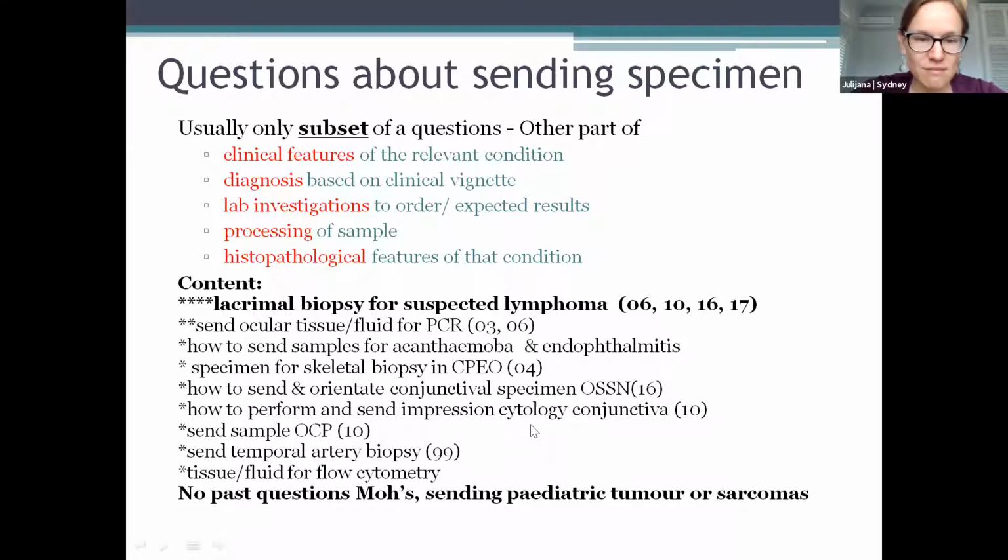There was one question about how to do cytology and how to send that specimen. And then the other areas were ocular cicatricial pemphigoid, sending a temporal artery biopsy, and then just how to send tissue for cytometry. So those were the main areas that past questions looked at for sending lab specimens.